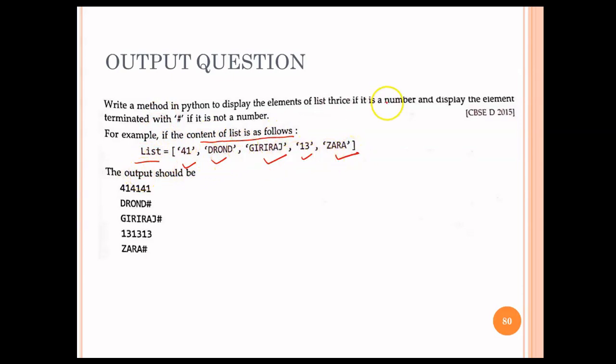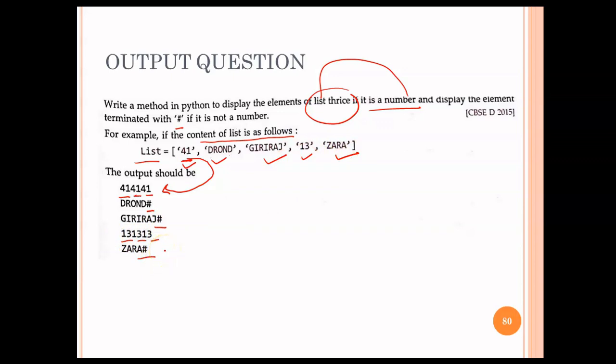If it is a number, we have to display it thrice, that means 3 times. If it is not a number, like Ron which is a string, you have to add a hash sign at the end of it. Giriraj is also a string, then 13 is a number so thrice, and Zara is also a string, so they are just adding a hash sign here.